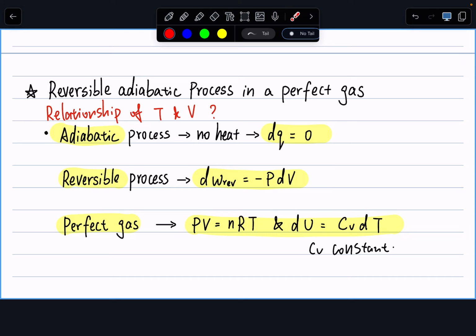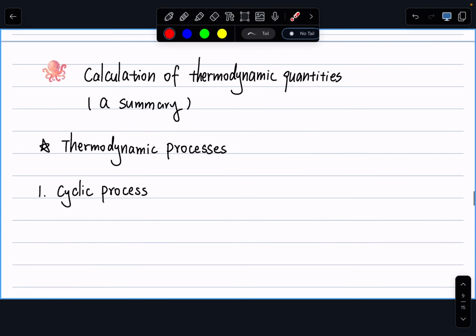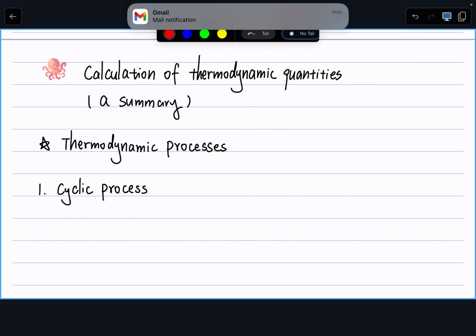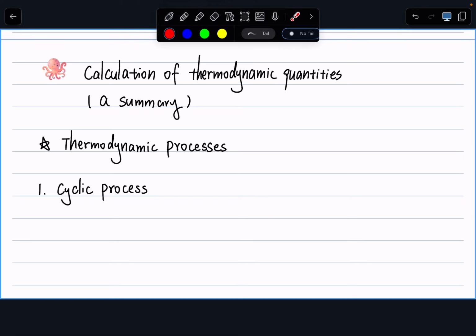All right, so let's move on to our next part. At the end of this chapter 2, we want to do a quick summary. So far we have covered most of the materials in chapter 2, which is discussing the laws of thermodynamics, the first law of thermodynamics.